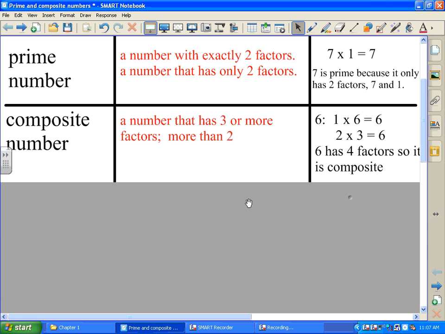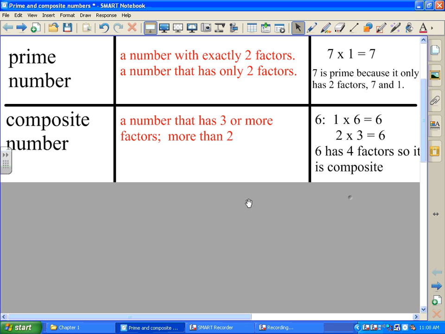Okay, the next keyword is composite number. The definition of a composite number is a number that has 3 or more factors. Another way of saying it, it has more than 2. For example, if you take the number 6, I can say 1 times 6 equals 6.